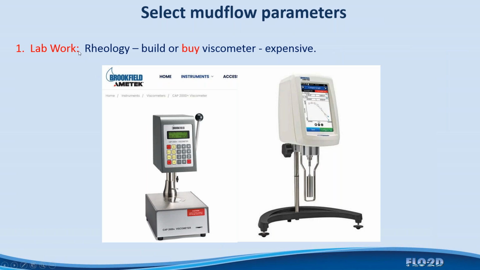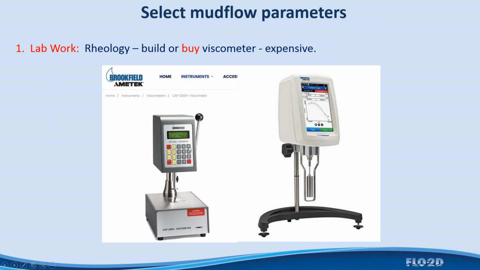Now, what's interesting is that you now can buy viscometers, whereas if you do your own viscometer, it's inexpensive, but it requires calibration and it's very time consuming. You can buy these viscometers, and Brookfield Amtech sells viscometers. The only trouble is they're expensive.